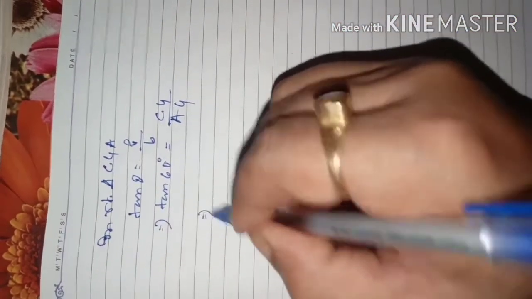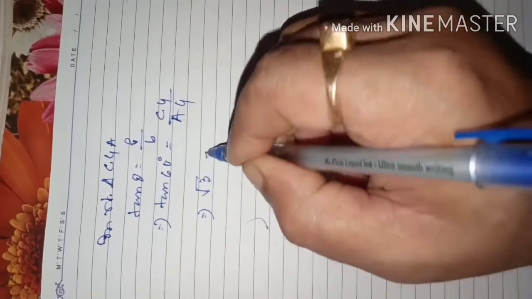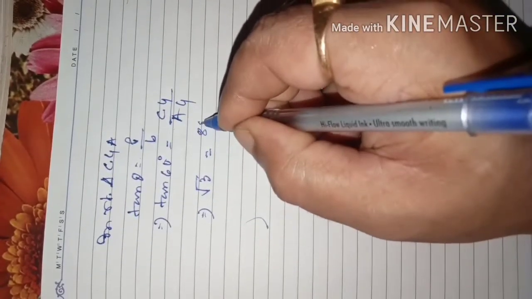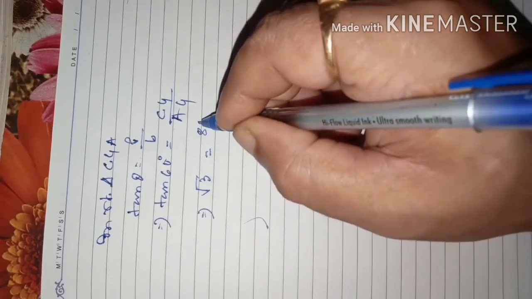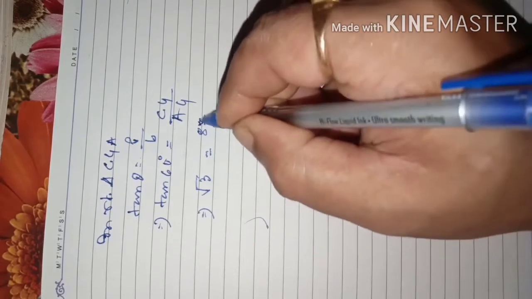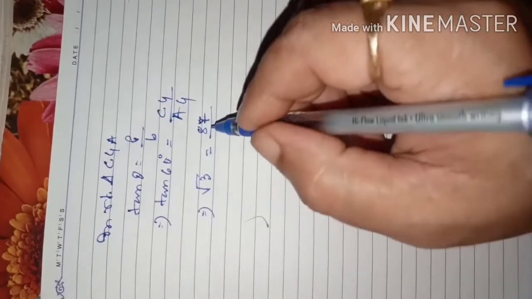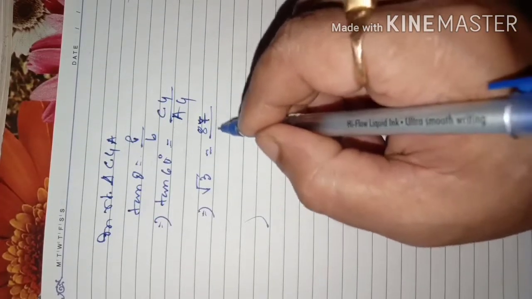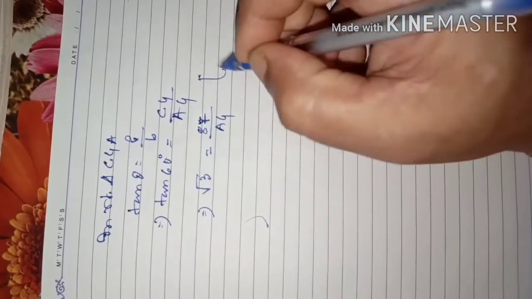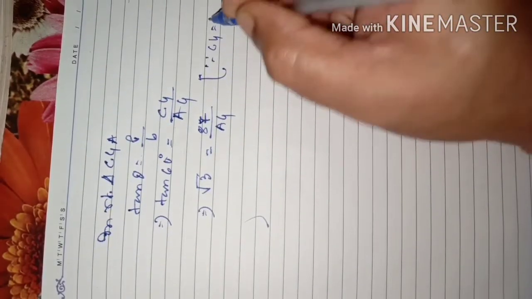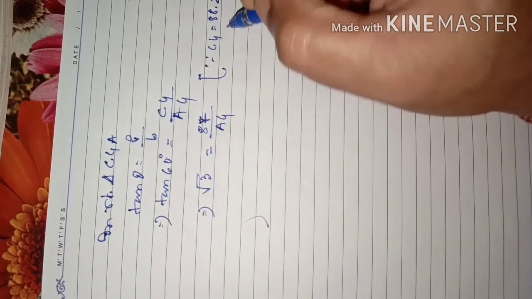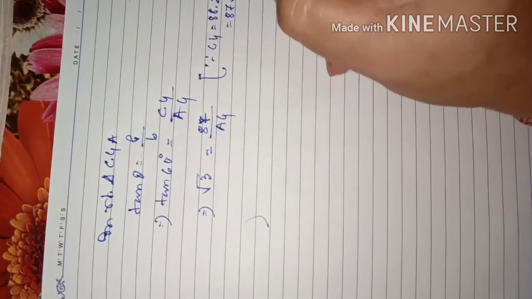Tan 60, its value is root 3, is equal to CZ, which is 87, because 88.2 minus 1.2, divided by AG. You write here, since CG is equal to 88.2 minus 1.2 is equal to 87 meter.